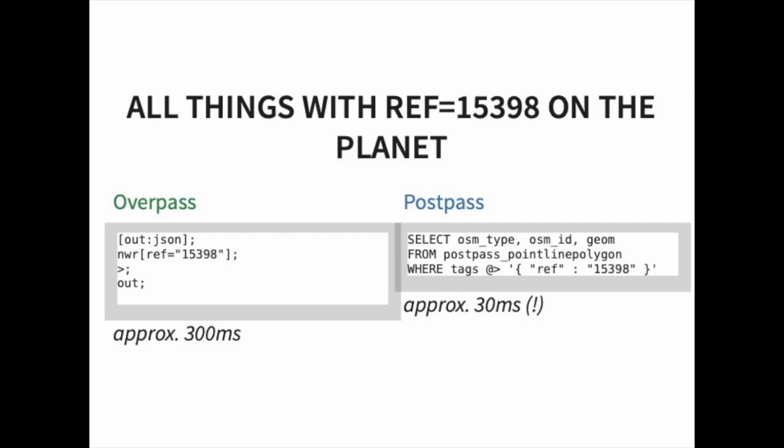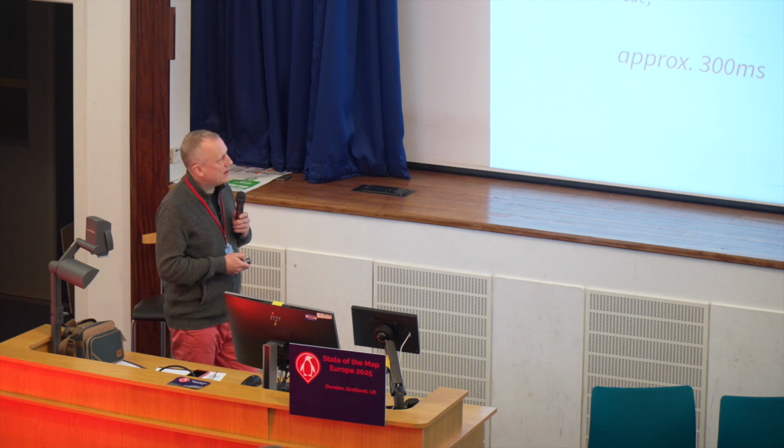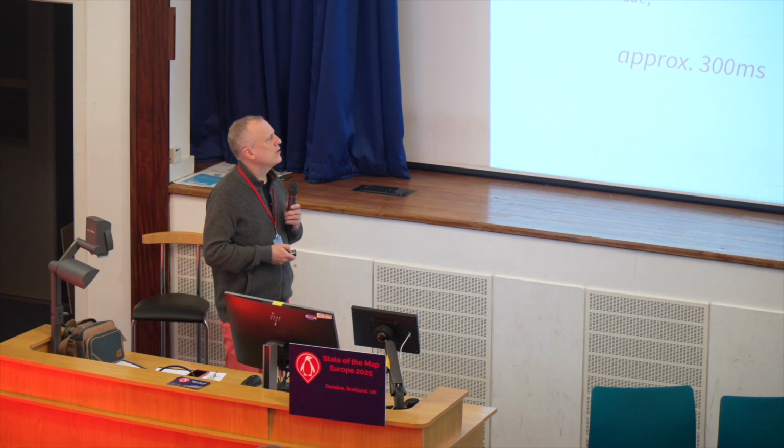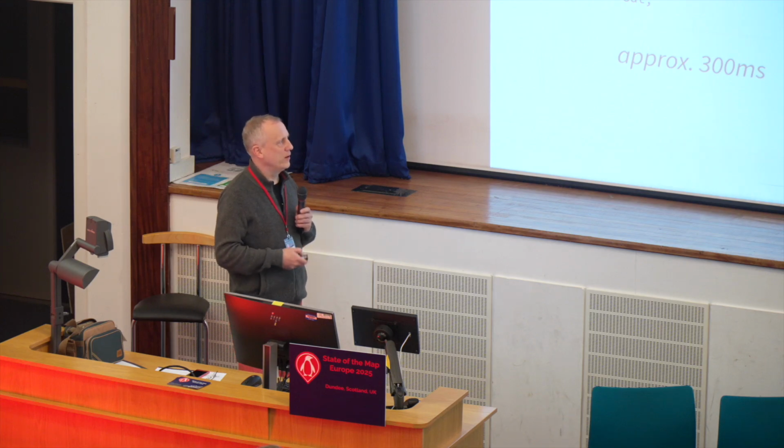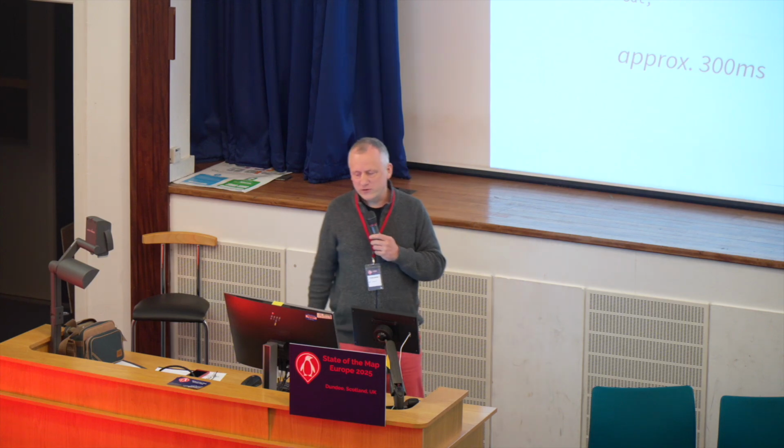It's a GIN index on a JSONB column, and if you query like this, the index cannot be used. However, if you write your query like this, it's just a slight difference. It's the containment operator for JSON storage, then it can use the index and then it works super fast.